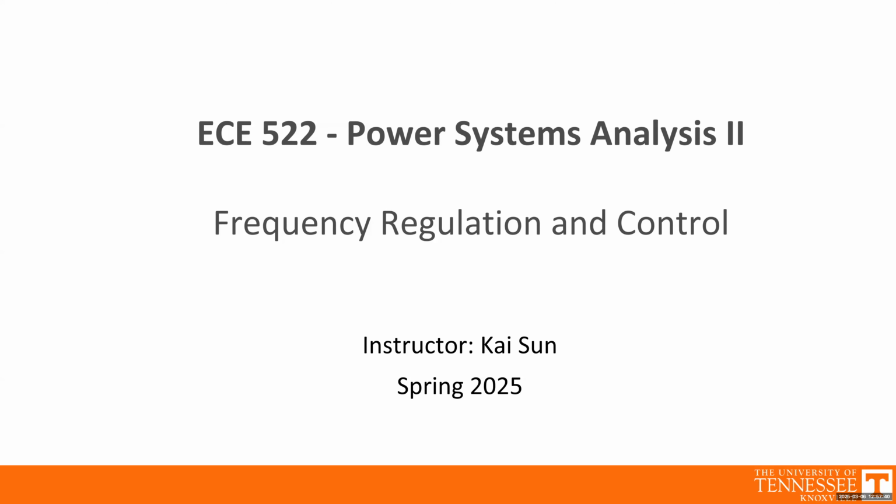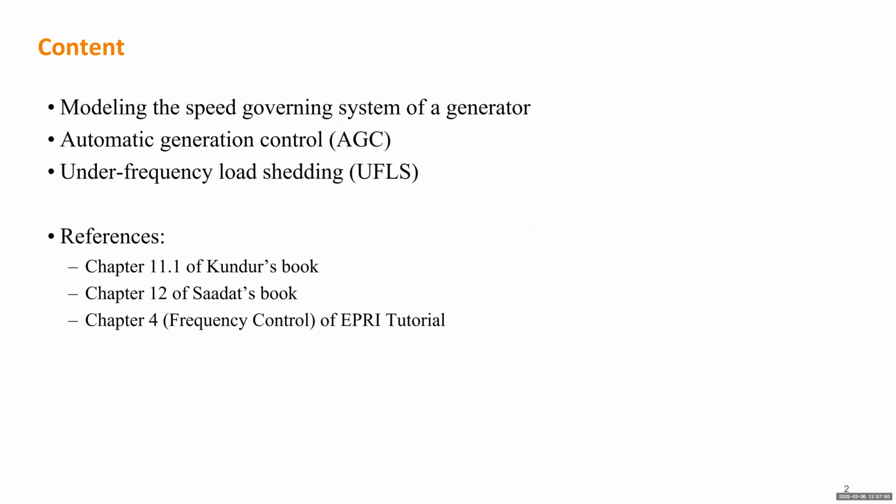Okay, today we started talking about the frequency regulation and control section. In this section, we are going to cover the modeling of the speed governing system of a synchronous generator, which is usually considered as the primary frequency control.